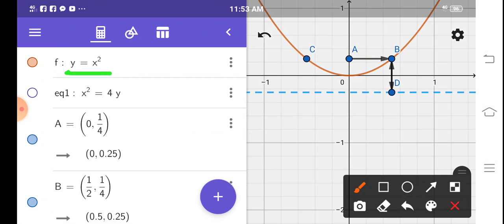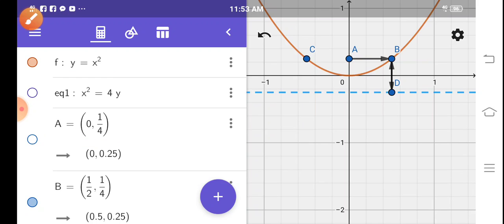Then, using x squared is equal to 4ay, our a is equal to 1/4. So the point of the focus is at 0 and 1/4. That is a. So this is our focus.